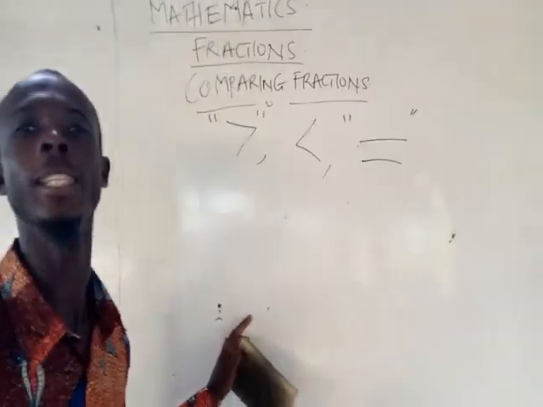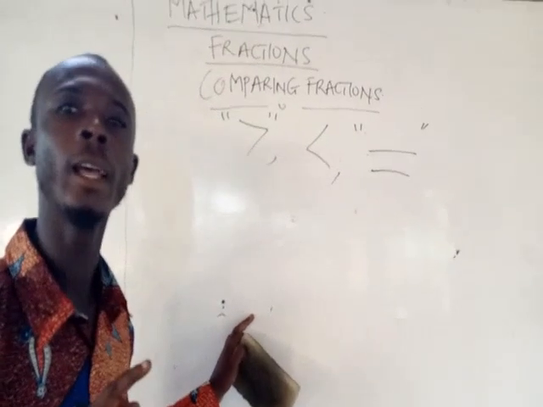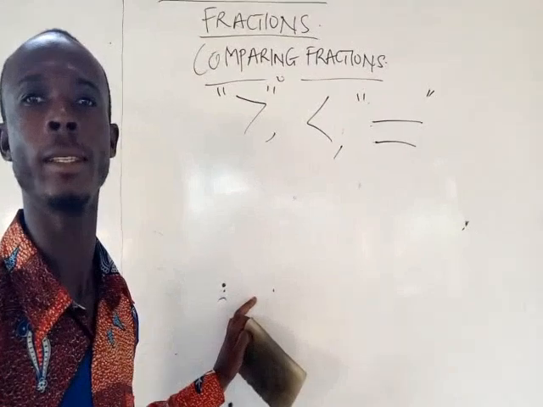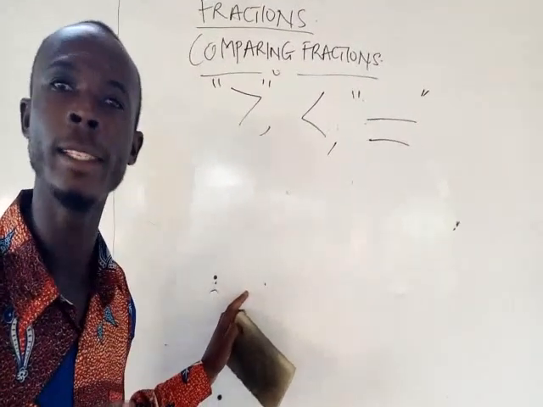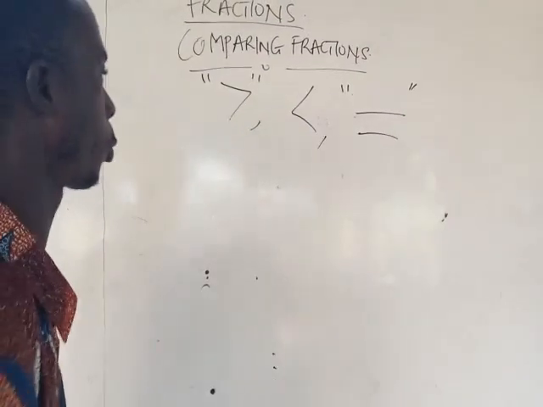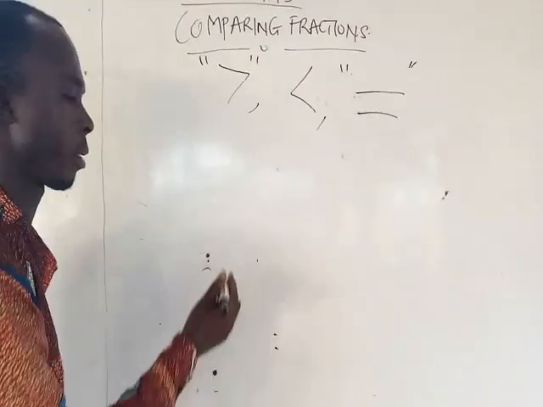I take it again. To compare two fractions when given same numerators, the one with the least denominator is the greatest fraction. Let me use examples to illustrate.